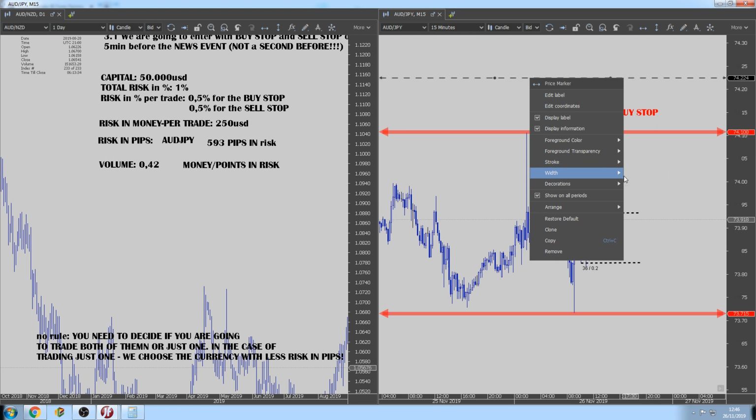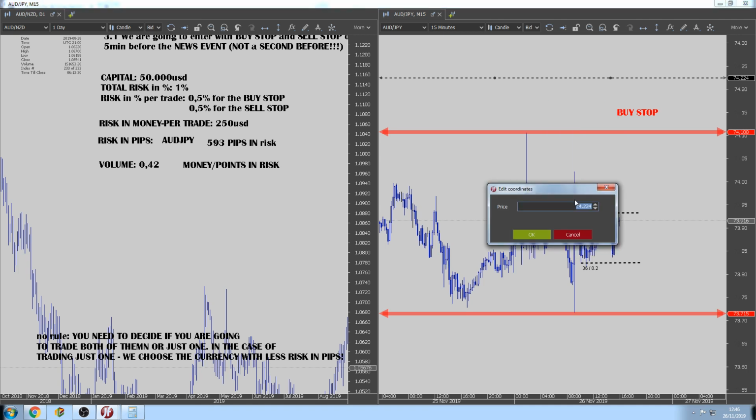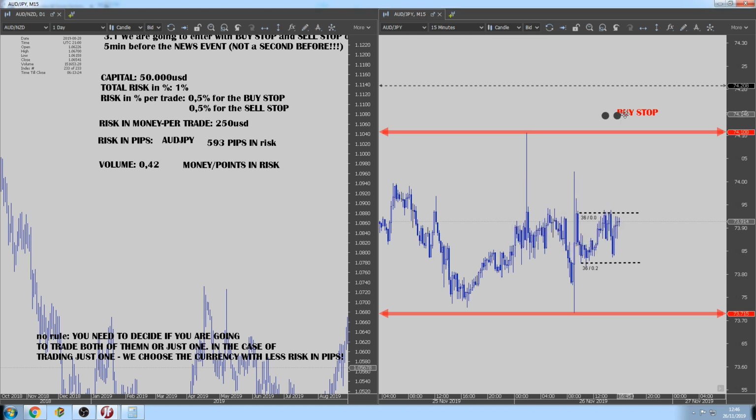My number is going to be 74.208. This is going to be my buy stop order, 10 pips or 100 pipettes above the line, right? Now, if this is my entry, where is my stop loss?